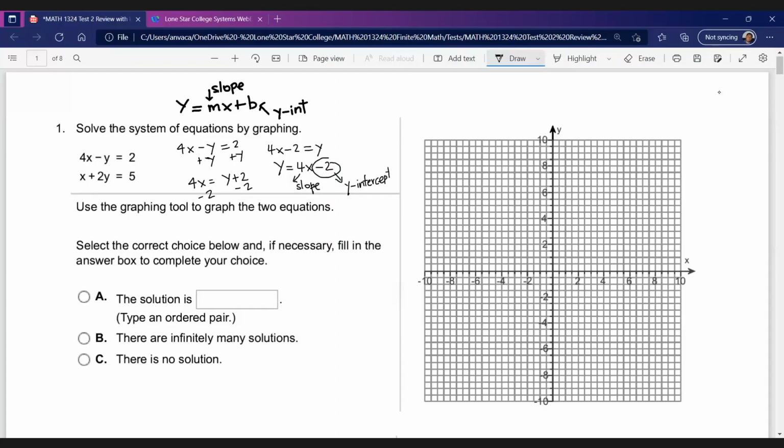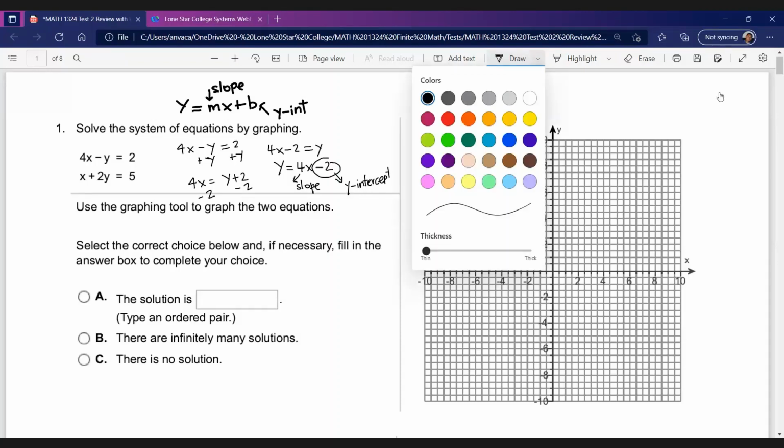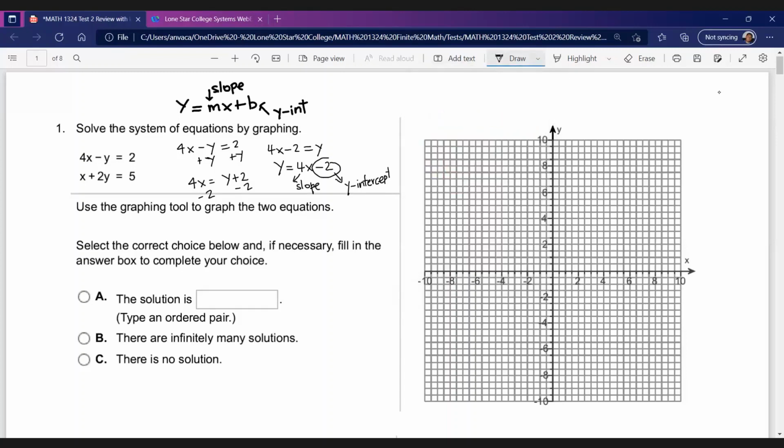So what I could do is, see if I can make this a little bit thicker now. So we go to the y-axis and we look for negative 2. I'm going to put a point here. And then I'm going to use the slope, which happens to be 4, or in fraction form, 4 over 1.